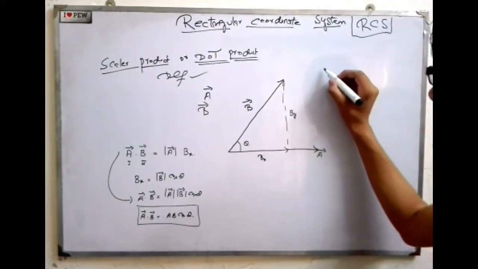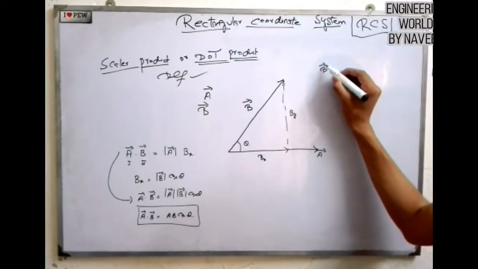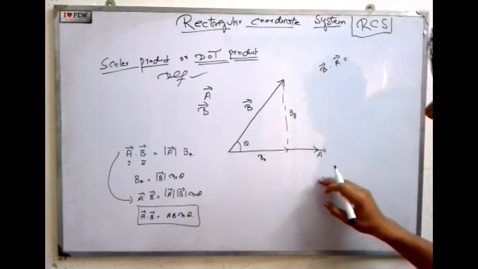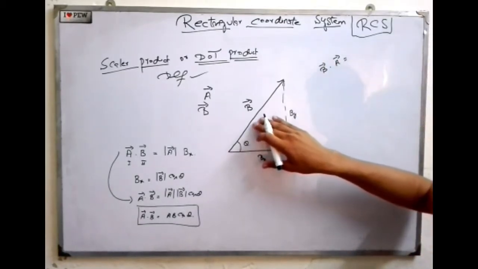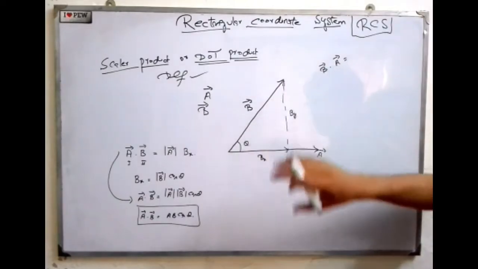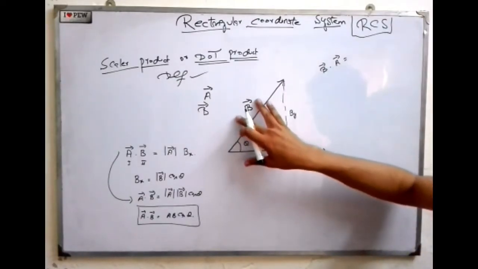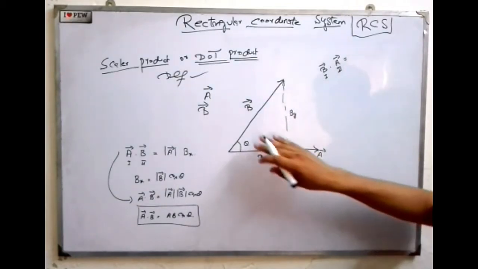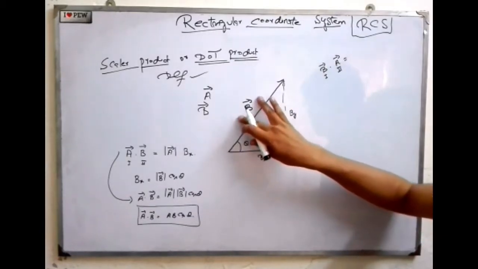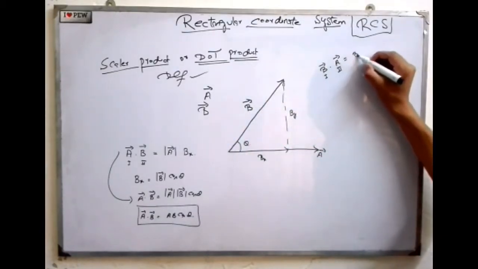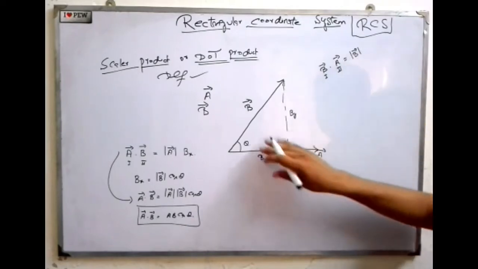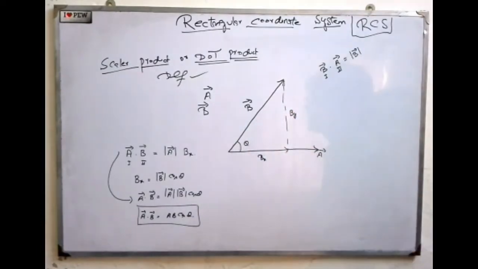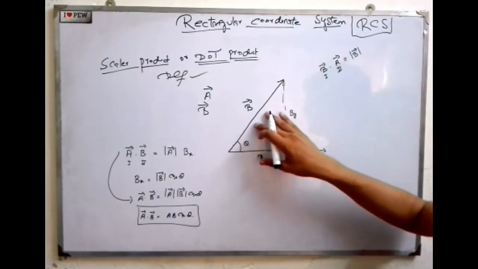So the dot product can be written as B dot A. As I defined it, the dot product of these two vectors will be equal to the magnitude of the first vector, and the component of the second vector in the direction of the first vector.